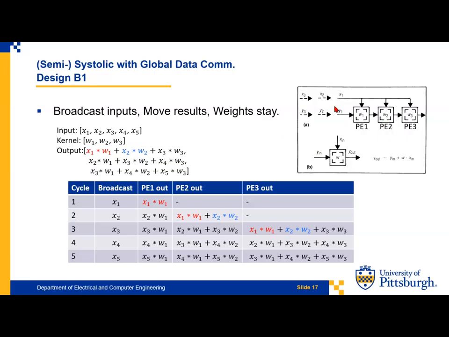And we just fetch the data once, and the data propagates on the processing element array. And finally, from the right hand, from the processing element 3, the output, we could get the result. Yeah, so this is the execution flow to show how to use the systolic concept to do the 1D convolution.